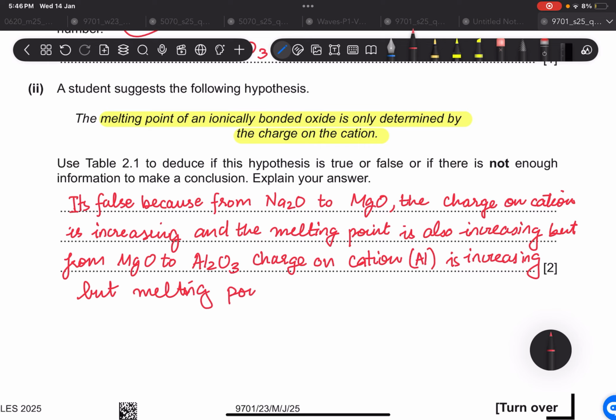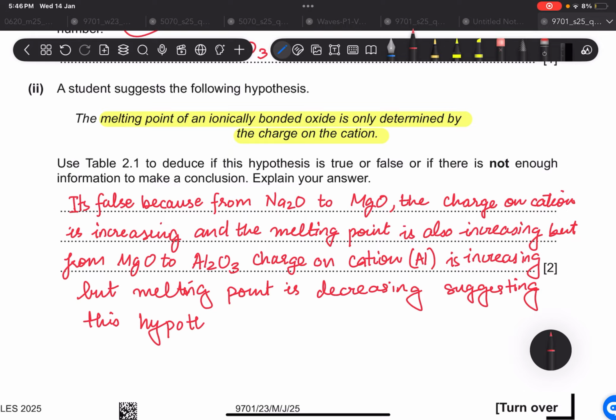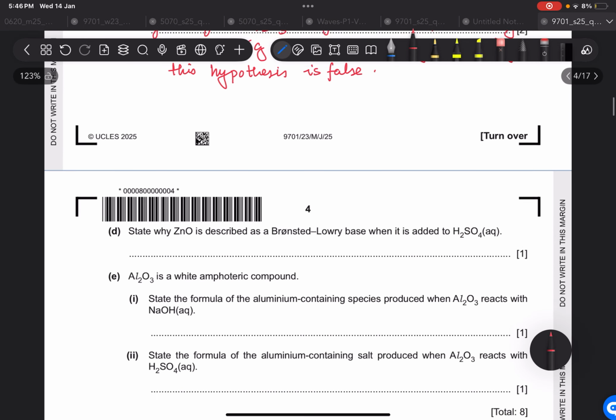Melting point is decreasing, suggesting this hypothesis is false. That is whatever I think, and the examiner is also giving you the marks for this. Okay? You just have to tell this thing.